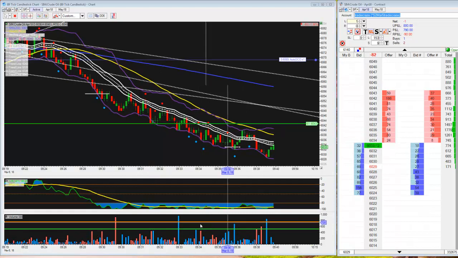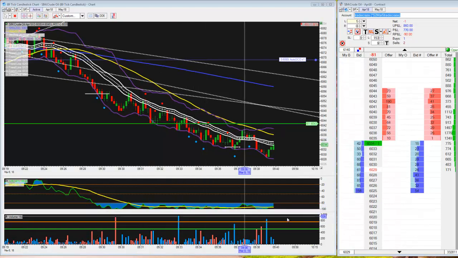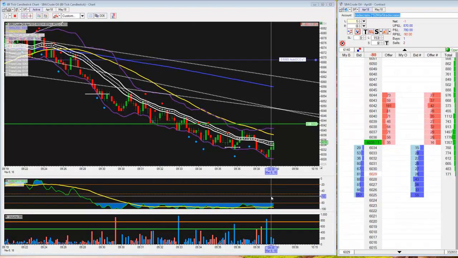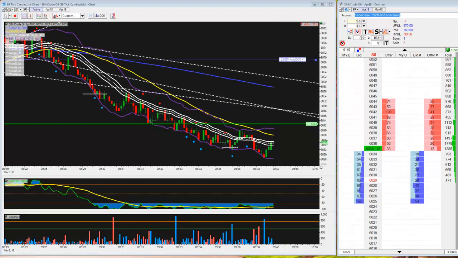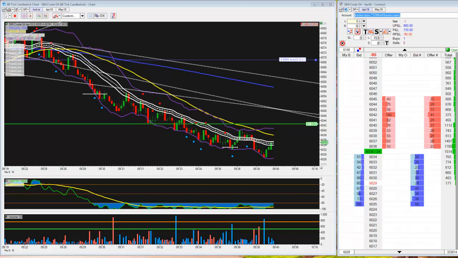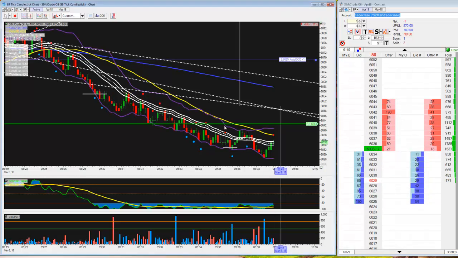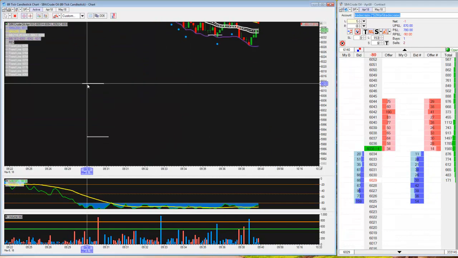Lots of blue here. Looks like they're still selling it. All right, so let's measure. Next target down is 60.09 according to what I'm looking at right here now.